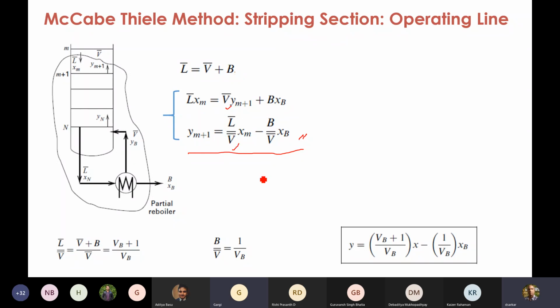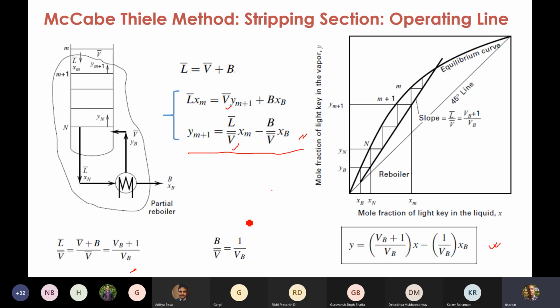So this L bar by V bar can be used instead of M plus 1, etc. And using these definitions again, you will have the equation for the stripping section. Again, it's a straight line with a slope L bar by V bar, which is the same as this, and it will pass through the xB point. So from the xB point, you draw a straight line with this slope, and you have the stripping section operating line.